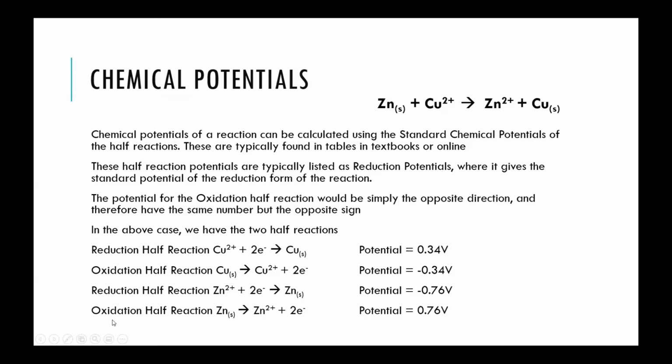So the oxidation of zinc turning into zinc ion would be positive 0.76 volts. And these tables of standard potentials typically only list the reduction potentials, because you can always determine what the oxidation potential is. These are in textbooks and online in various places.